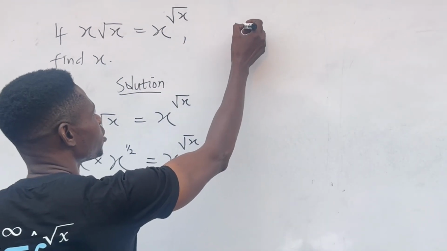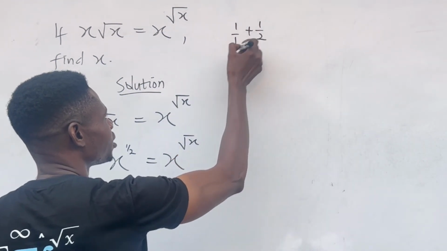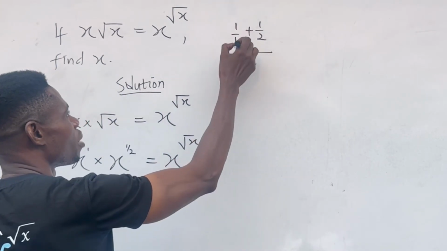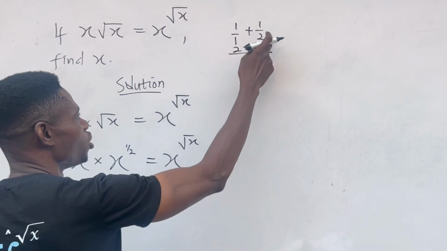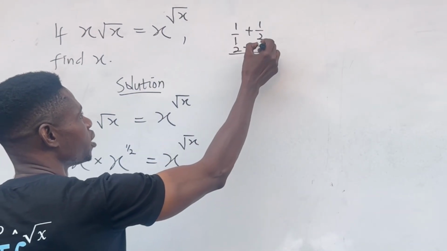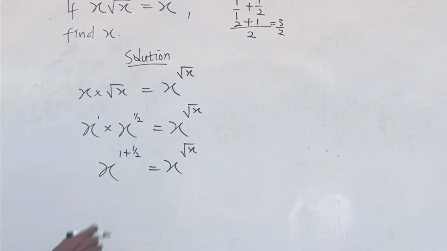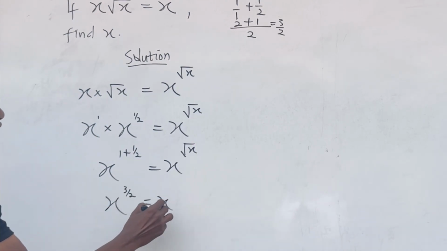So 1 over 1 plus 1 over 2. The LCM of 1 and 2 is 2. 1 in 2 is 2. 2 multiplied by 1 is 2. 2 in 2 is 1. 1 multiplied by 1 is 1. So that gives us 3 over 2. So coming down here, what we'll have is x raised to power 3 over 2 equal to x raised to power root x.